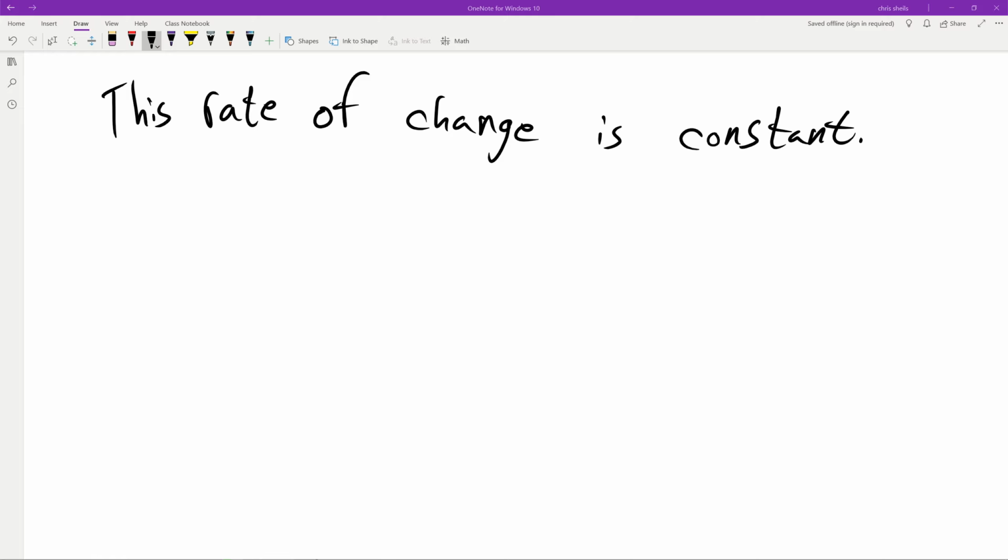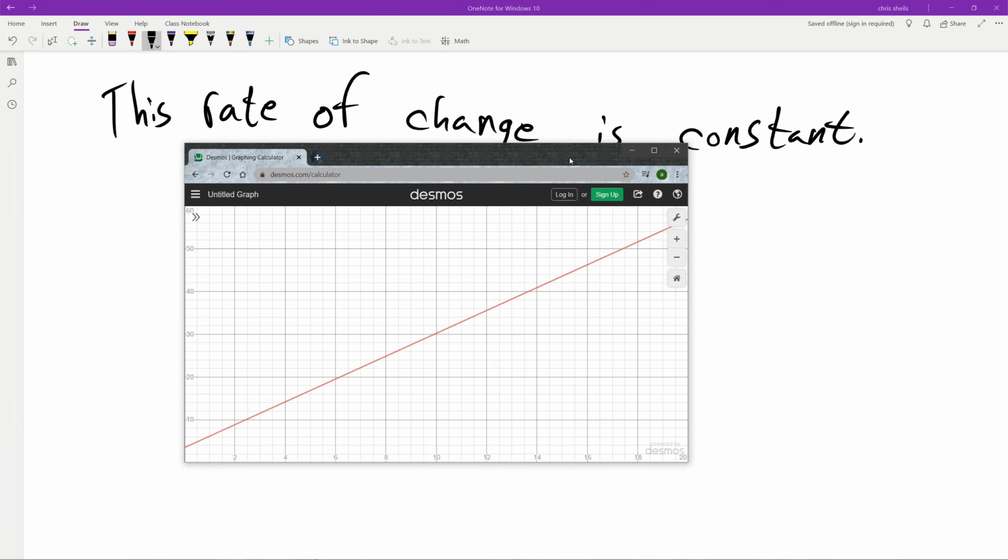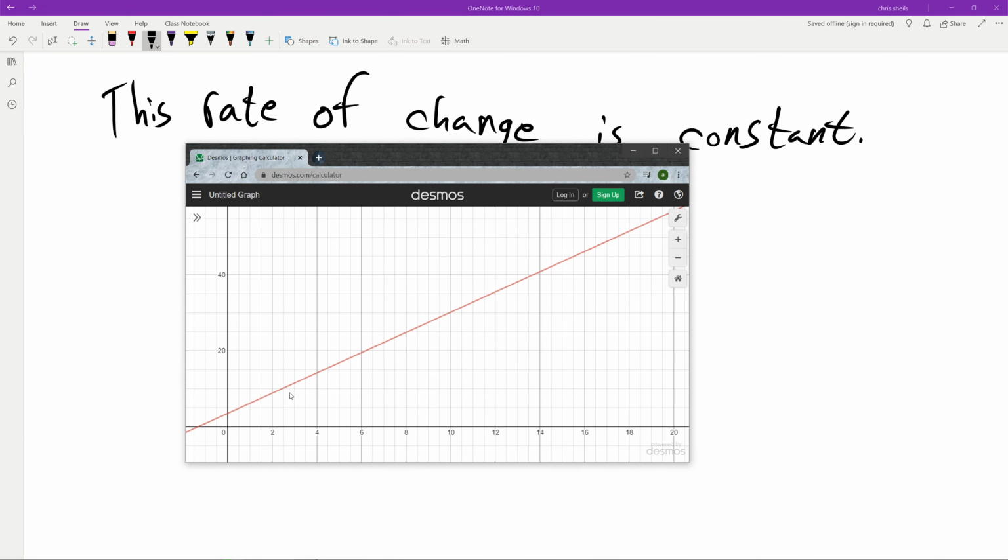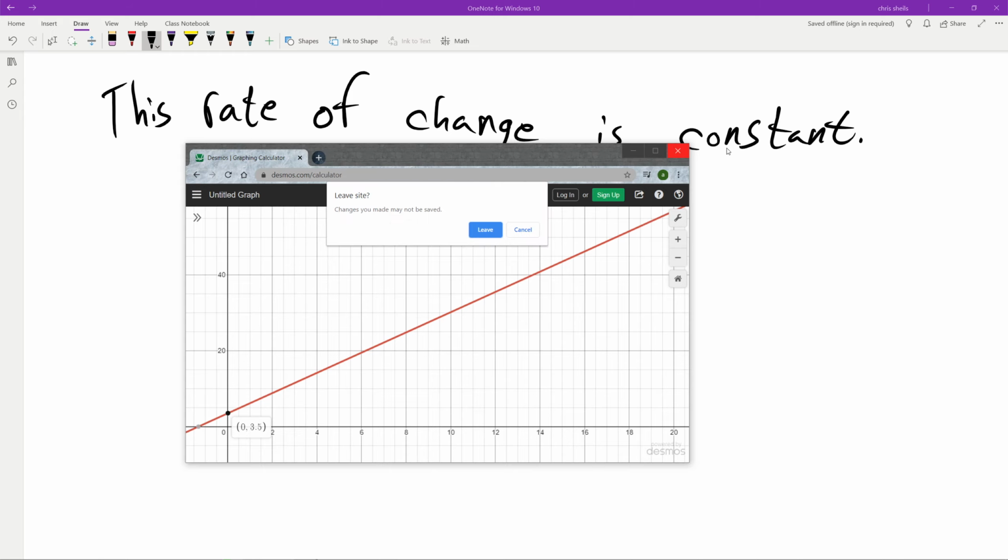There we go. Here, we see that this graph starts here at $3.50. And every 1 unit increase, this goes up by $2.67. Notice that this graph is a straight line. This is why we call these linear functions, because their graphs form a straight line. In fact, that's part of the definition of linear functions that we're about to write.